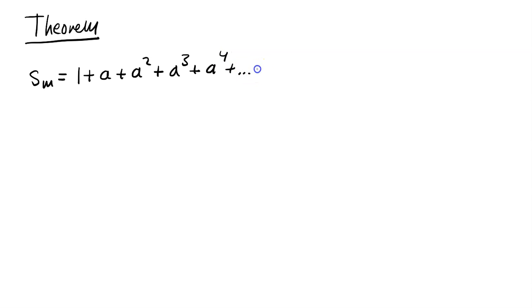If you treat this as a sequence, 1, a, a^2, a^3, and so on, this is an example of a geometric progression, because you get the next one by multiplying by a, or you take one divided by the previous one, you get a for all.